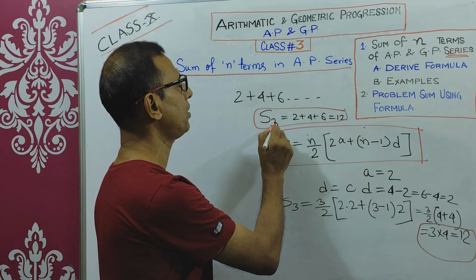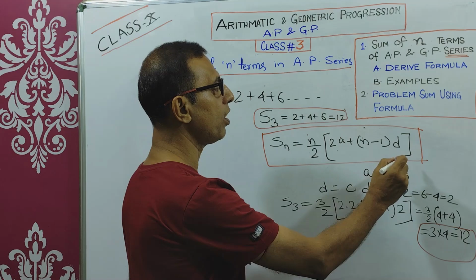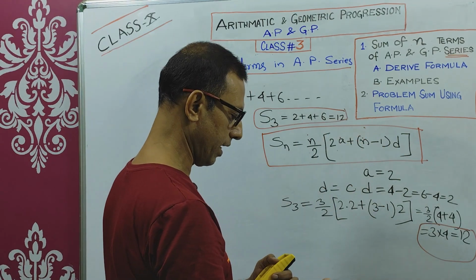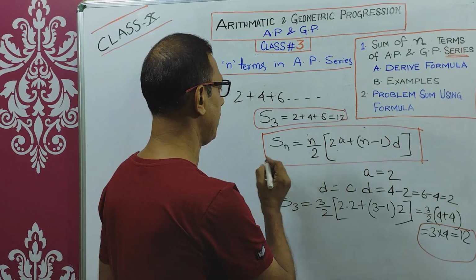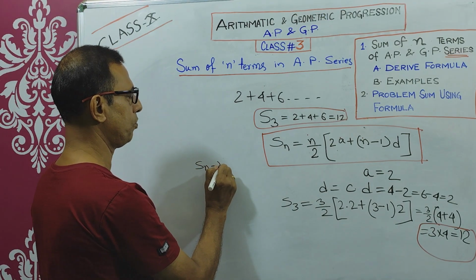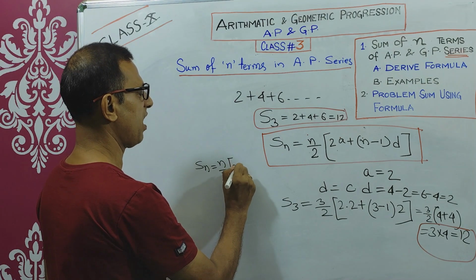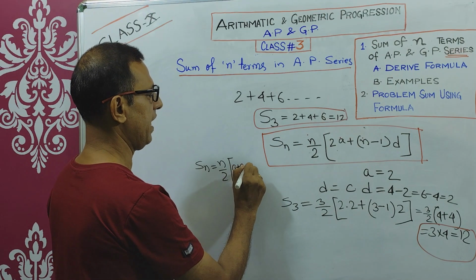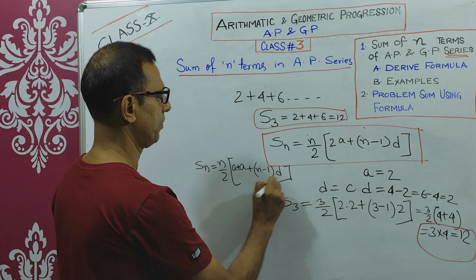Here it is summation for 3 terms, so n is 3, right? So this is the summation formula you need to utilize. Now you can also say, if Sn equals n by 2 into 2a plus n minus 1 into d, in another way we can represent Sn equals n by 2 into a plus, I am just segregating 2a, a plus n minus 1 into d.